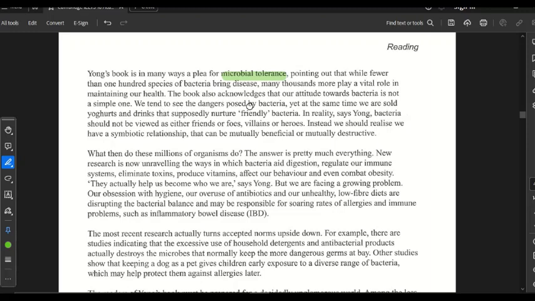We tend to see the dangers posed by bacteria, yet at the same time, we are we are sold yogurt and drinks supposedly nature friendly bacteria. In reality, says Young, bacteria should not be viewed as either a friend or foe, villain or what? A hero. Instead, we should realize we have a symbiotic relationship that can be mutually beneficial and mutually what?